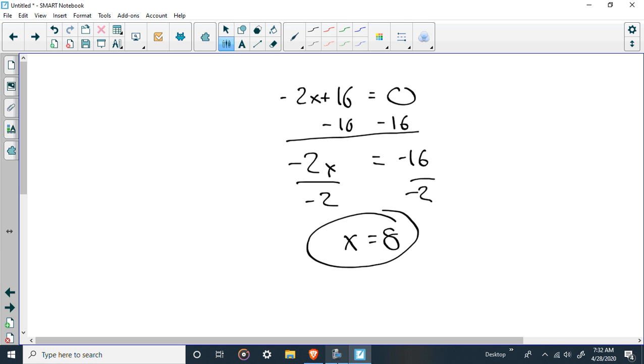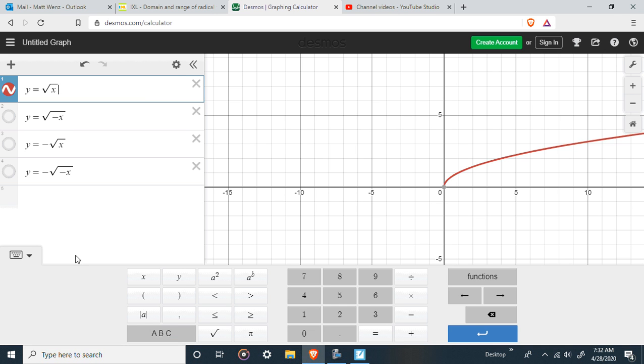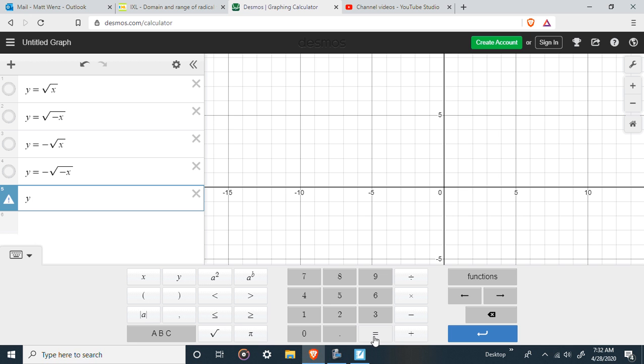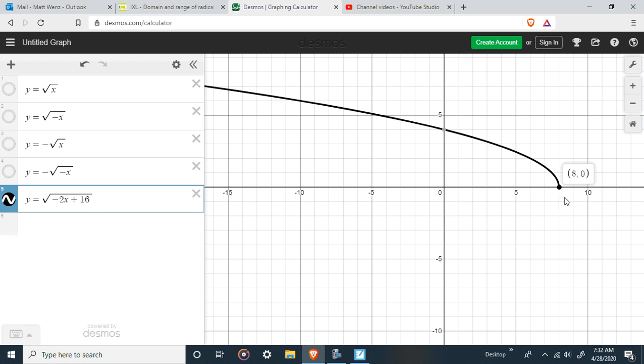So let's take a look, though. Let's graph this one. We'll see how this one's a little bit different. So y is equal to the square root of negative 2x plus 16. Now that 8 was correct, but let's take a look which way this one swings. This one is going in the opposite direction.